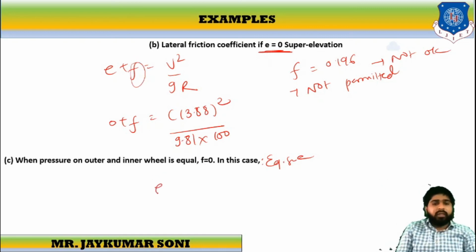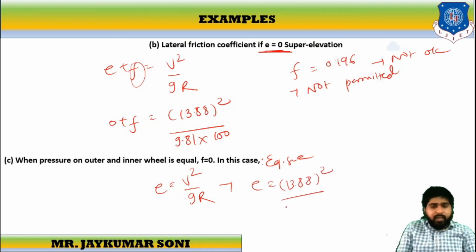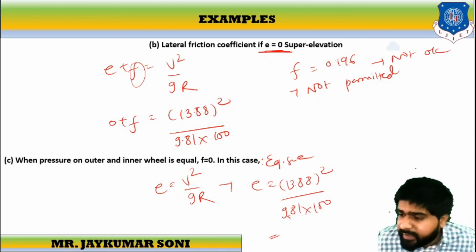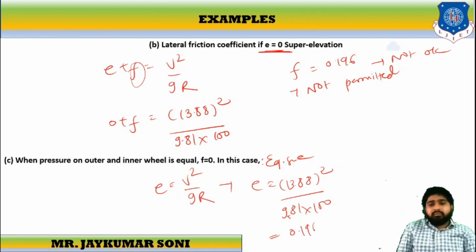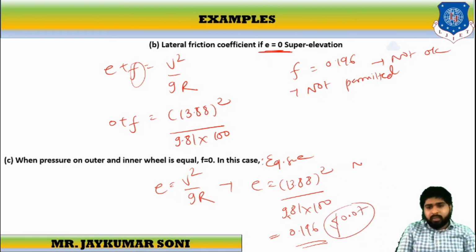So E is equal to V square by gR. E is equal to 13.88 whole square by 9.81 into 100. So what we are getting as E is 0.196. So it is also not permitted because the maximum should be less than or equal to 0.07, but it is not, so it is not permitted.